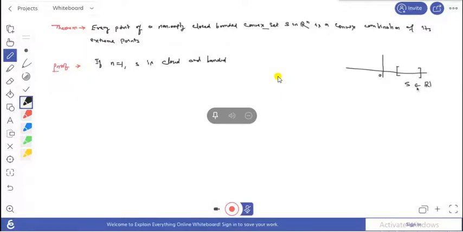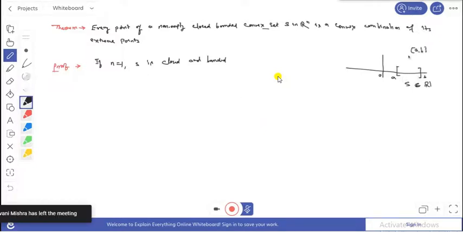Here this point is A, this point is B. Suppose we take this closed interval AB. If n equals 1, you have a one-dimensional space, that is, set S is closed and bounded.